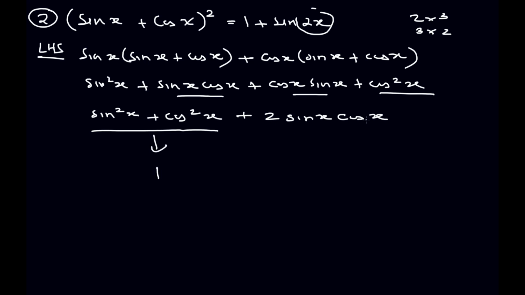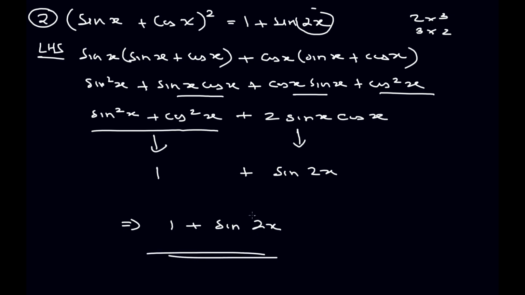And then this one, we remember from our double angles, this one gives us sine 2 theta or sine 2x, right? And then we get our addition there. So now our final answer is going to be 1 plus sine 2x. Looked very complicated, but it's actually very easy. You'll see that this is 1 plus sine 2x, and then this is 1 plus sine 2x. Okay, let's look at another example.